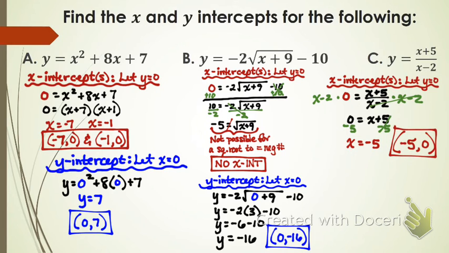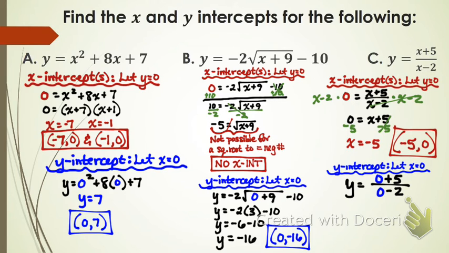For my y-intercept, I'm going to let the x be 0. So I would have y equals, up in the numerator, I'm going to have 0 plus 5, right? Down in the denominator, it's 0 minus 2.